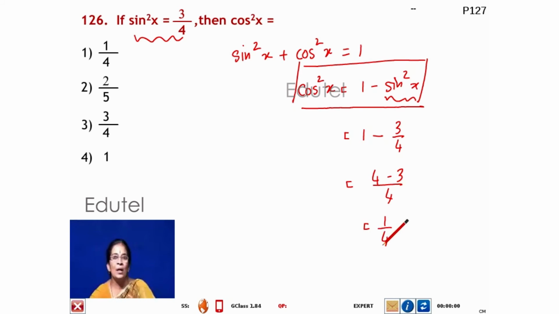That means we got cos square x is 1 by 4. Let us select the first option for cos square x, which is 1 by 4. So here you have seen, when sine square x is given, you are finding cos square x by the formula cos square x equal to 1 minus sine square x, right?